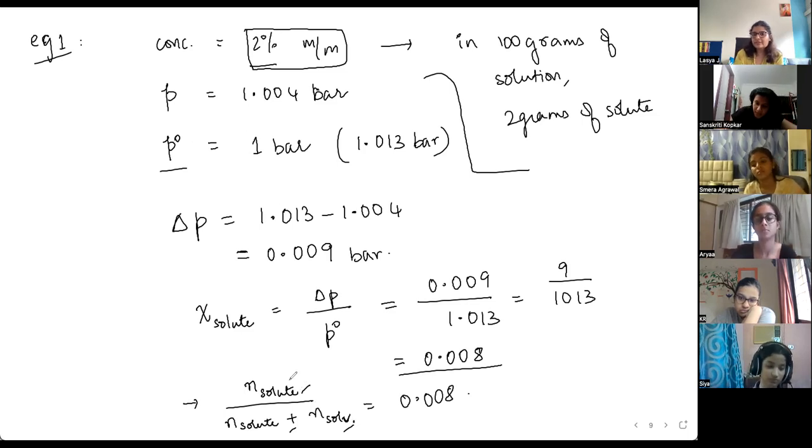So let's go back to the information that we have right now, which is concentration is given as 2% solution. So we took that 2% solution. 2% solution means we can figure out that if we have 100 grams of the solution, 2 grams of it is that of the solute.